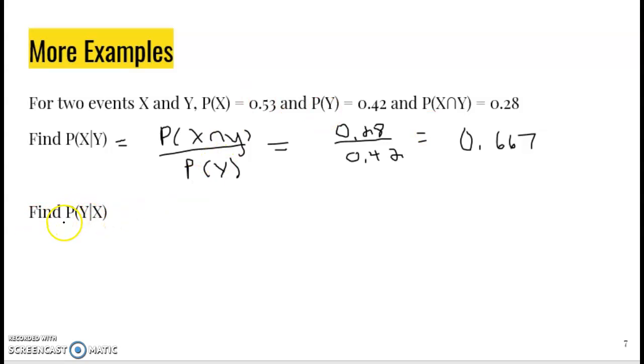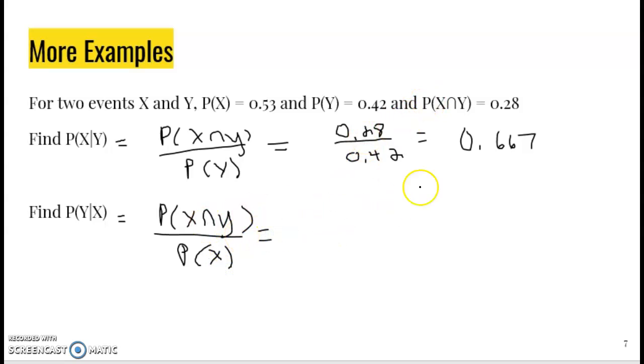The conditional probability of finding Y given X by the formula is going to be P of X intersect Y again, but this time I'm dividing by the probability of X, the condition that already happened or was given.